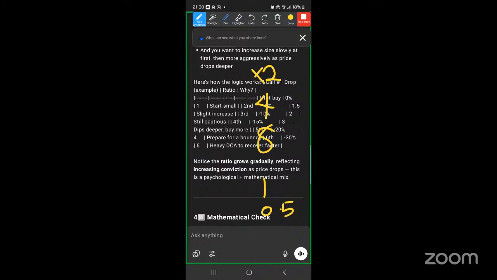The market has made a big discount, the discount has become bigger, so it is the time when you buy more so that you bounce back faster.